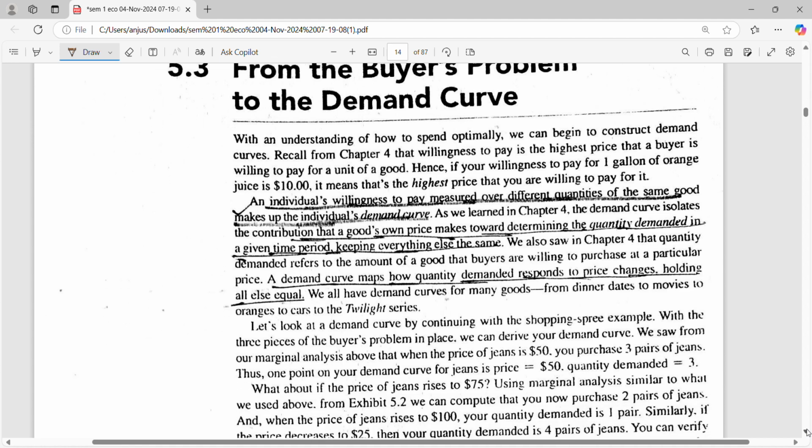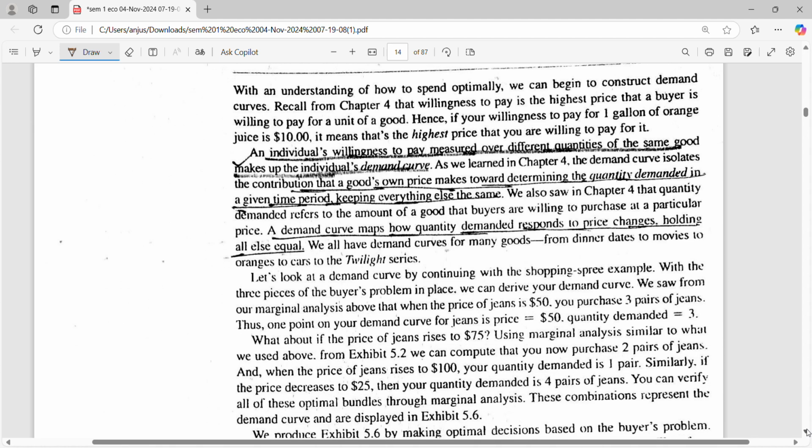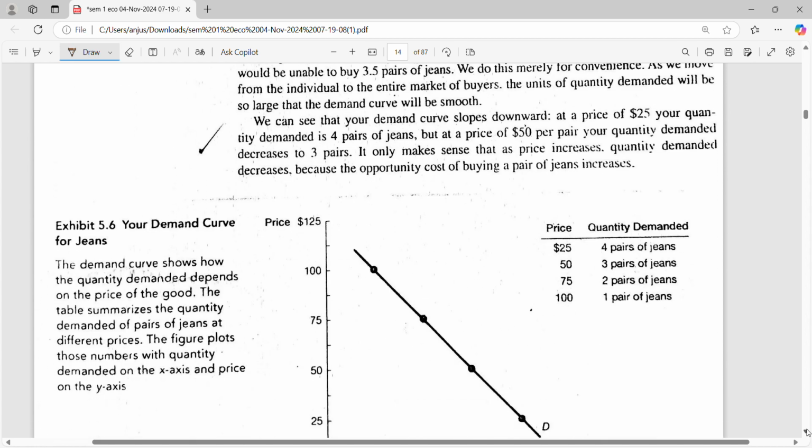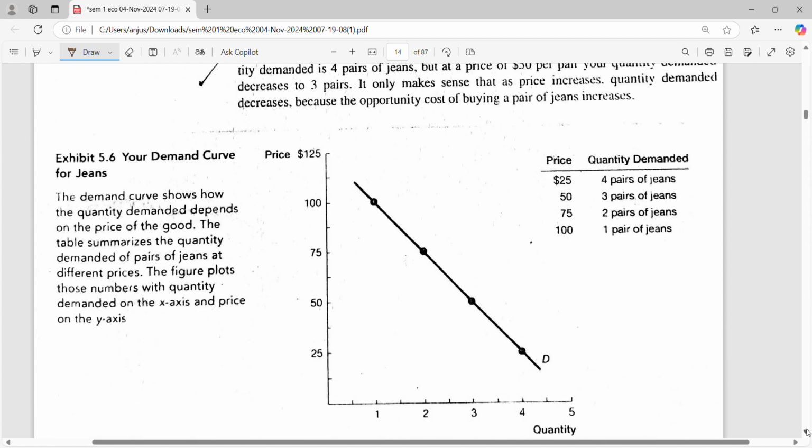Next is 5.3, from the buyer's problem to the demand curve. This is explaining what a demand curve is. You can see, for a pair of jeans, when it is 25 rupees, you demand 4 pairs of jeans, right? But at 50 rupees, you just demand 3 pairs of jeans.